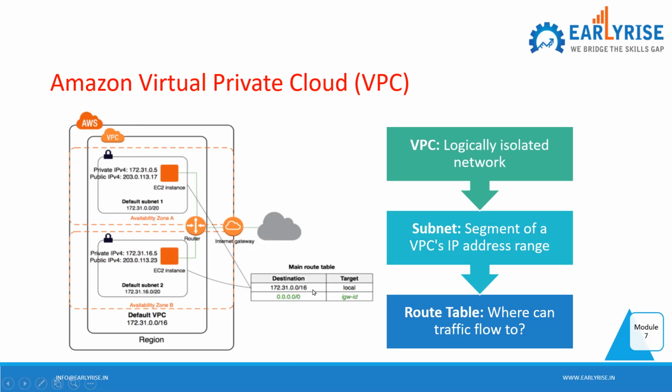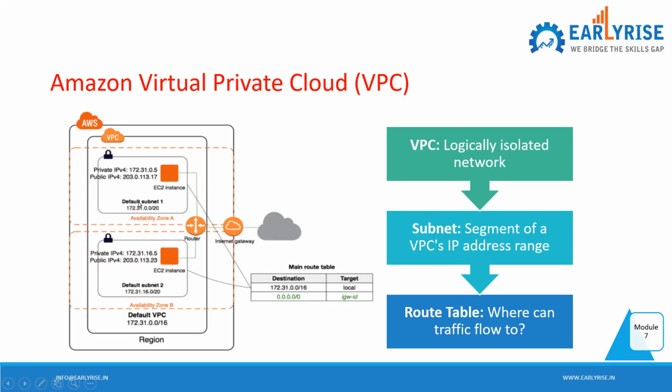So by default, the main route table will be the default one. It takes care of all the subnets which don't have a special route table configured. If no route table is associated, the main route table will be used there, right?